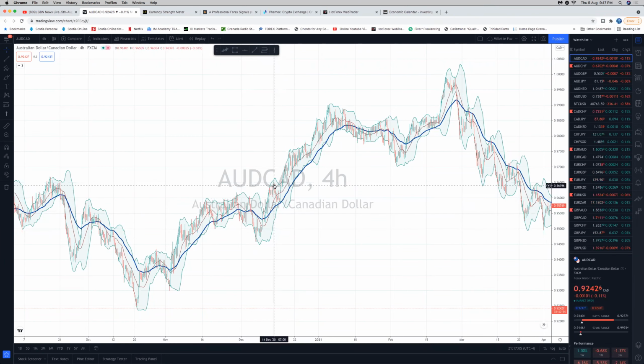Let's see what this area here is looking like. Remember, we're just drawing a line, but it's really a zone we're looking at. If you look at this area here, that's a key resistance zone.